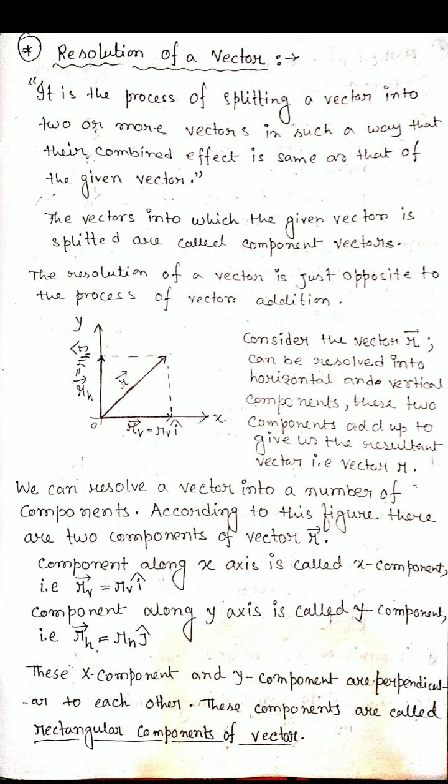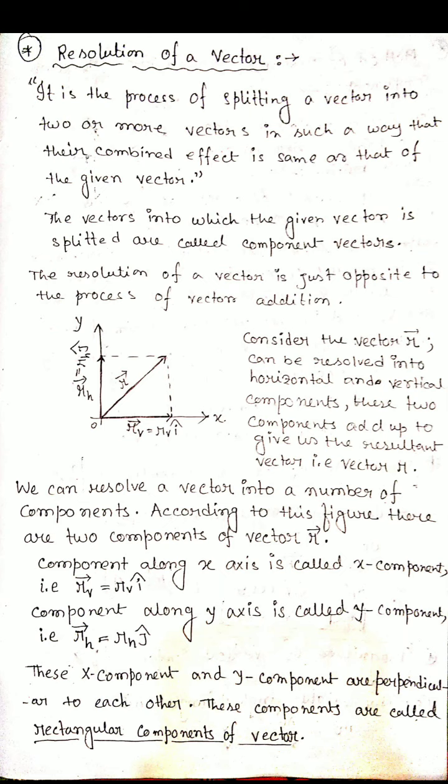We consider any vector r that can be resolved into two components, along two axes: one horizontal and one vertical, because y is the vertical axis and x is the horizontal axis. So this r vector can be resolved into a horizontal component along the x axis and a vertical component along the y axis.